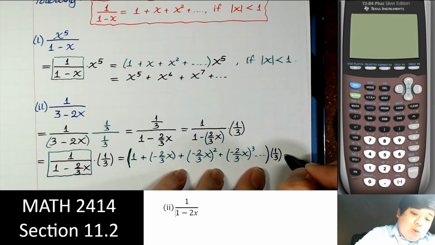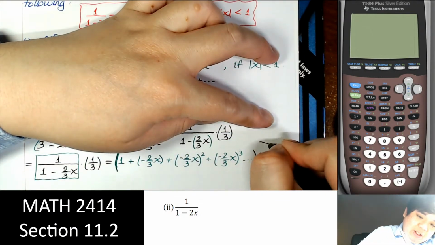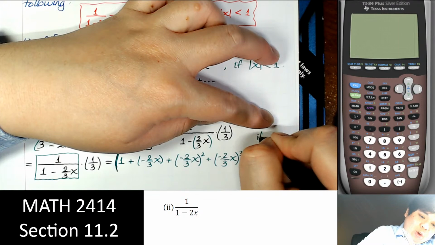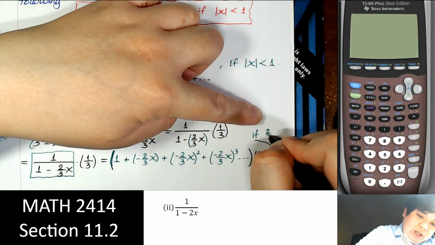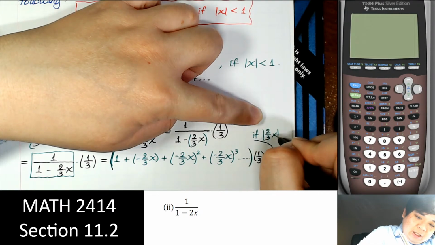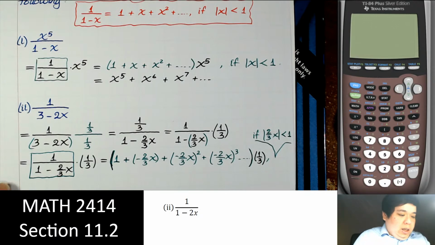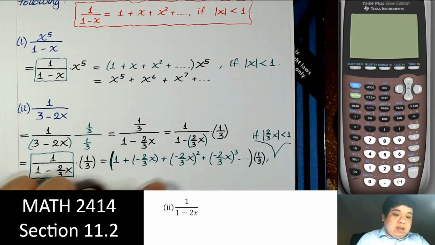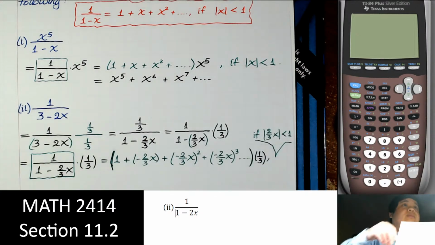And don't forget that when you write it like that, it only works if the absolute value of 2 over 3 x is less than 1. So that power series only works on a certain interval, which we call the interval of convergence.